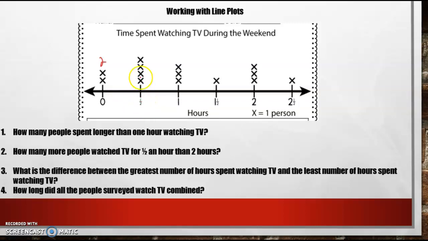This is 1/2. 1, 2, 3, 4. How many people spent 1 hour? 3. How many people spent 1.5 hours? 1. How many people spent 2 hours? 3. And how many people spent 2.5 hours? 1.